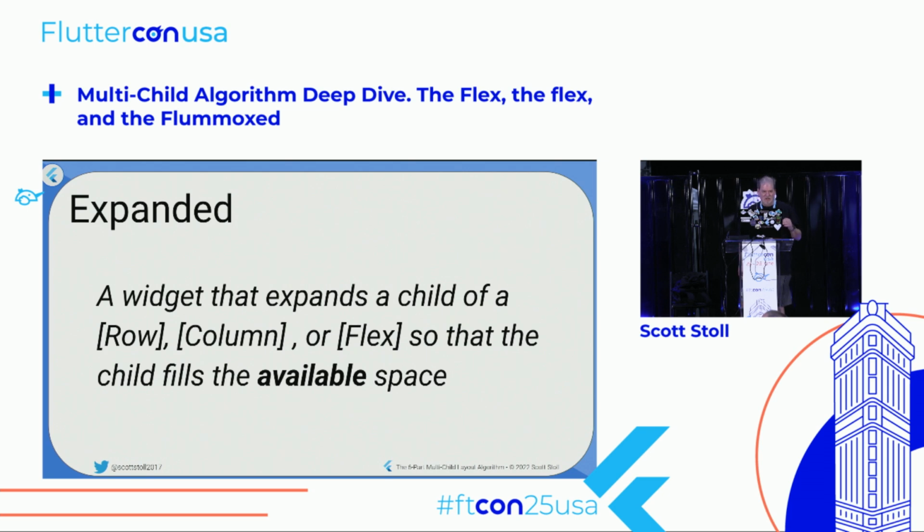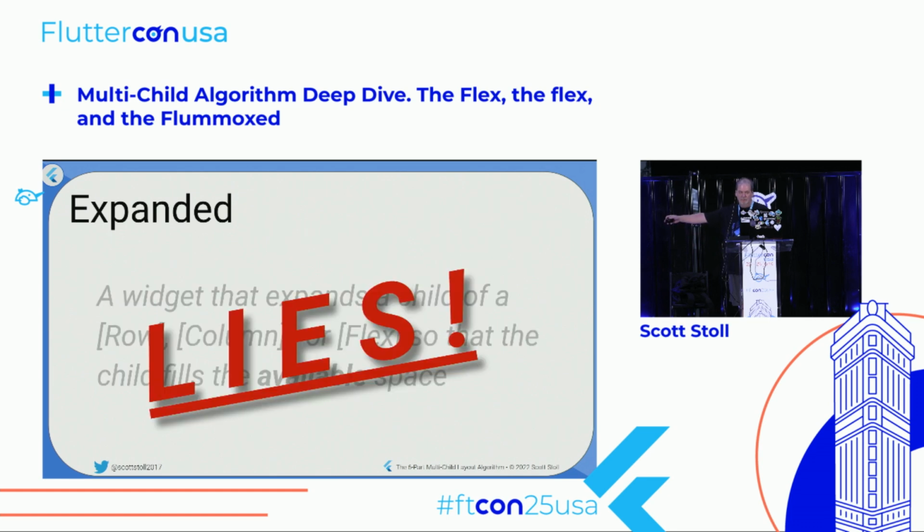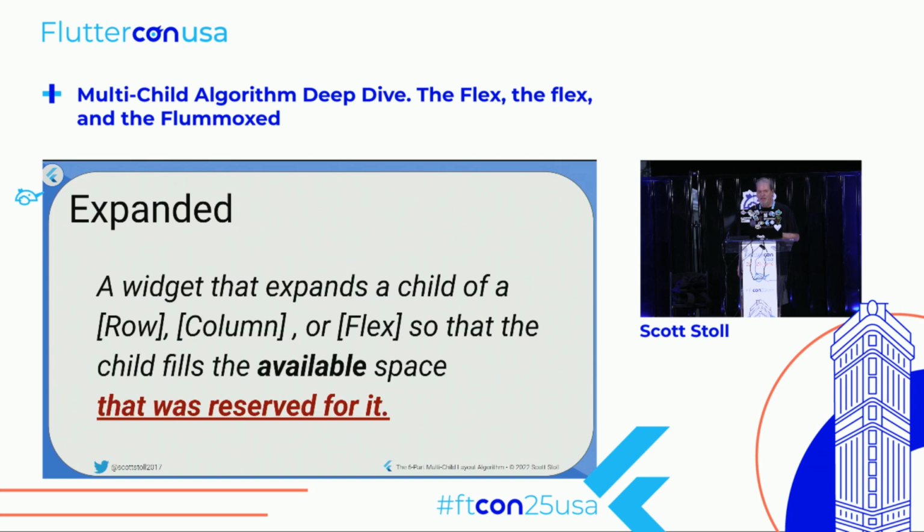It says a widget that expands a child of a row or column or flex so that the child fits the available space. There's a little problem with this. I'm not quite sure how to put it, but yeah, that about covers it. It's a lie. It does not fill the available space. It fills the space that was reserved for it.